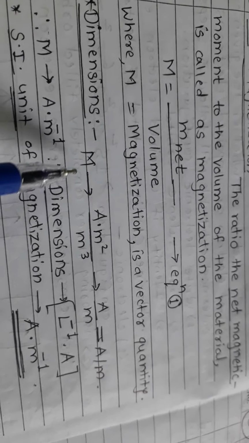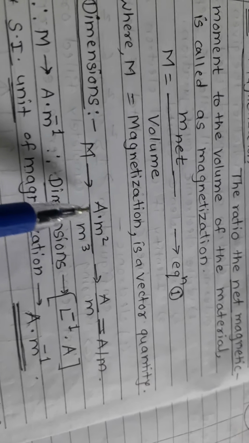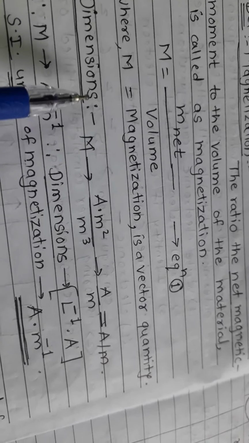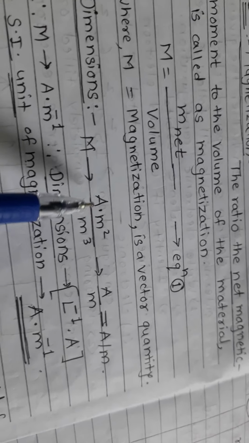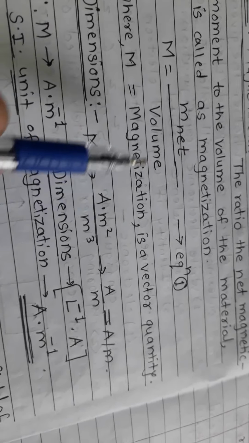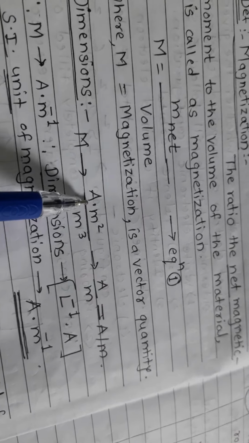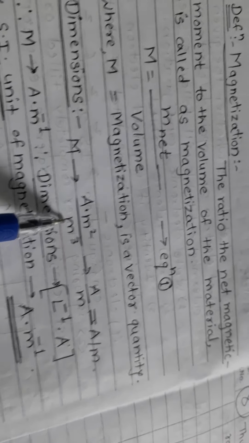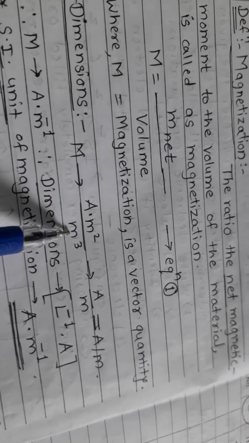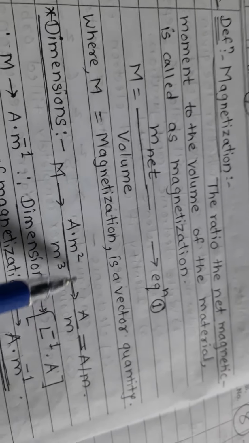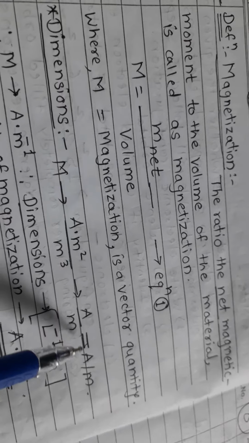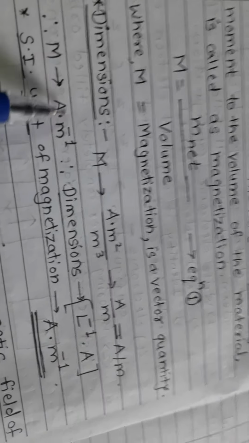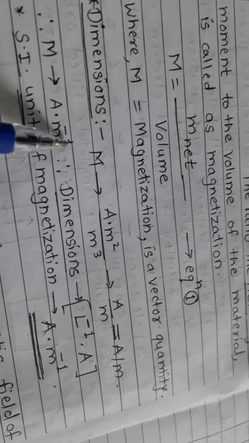Dimensions. Capital M has dimensions as follows. The SI unit of magnetic dipole moment is ampere meter square divided by the unit of volume, meter cube, which is equal to ampere per meter, A per M. That is, capital M has unit ampere meter raised to minus 1.